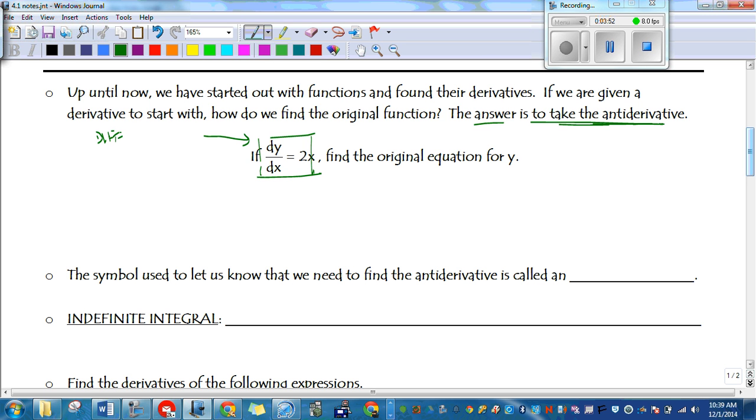A differential equation is an equation that has a derivative in it. We're given the derivative, and we want to find the original equation for y.